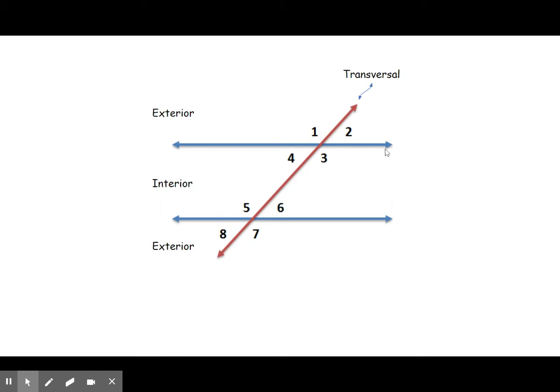So here again, here are my parallel lines, these two blue lines. They are cut by a transversal, which is represented by this red line, which creates 8 angles. And within all of this, we have the exterior or the outside of our parallel lines and the interior or the inside of our parallel lines.